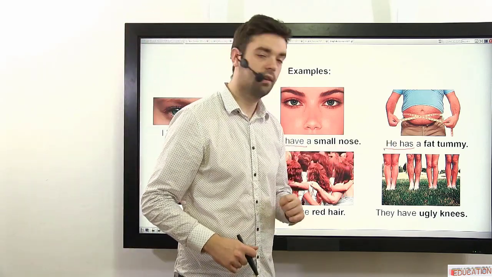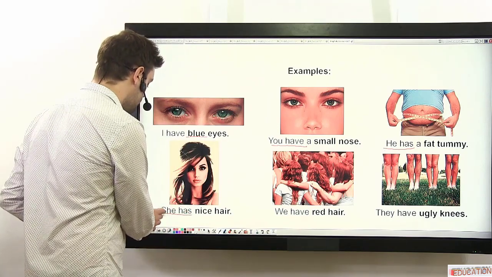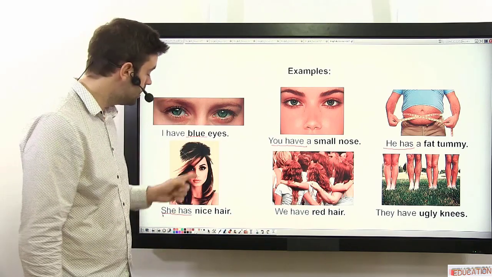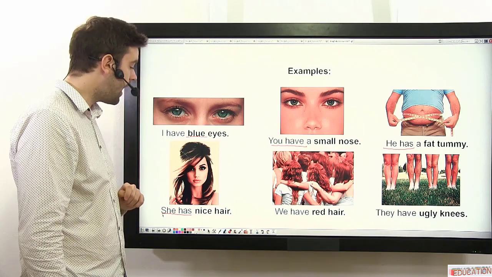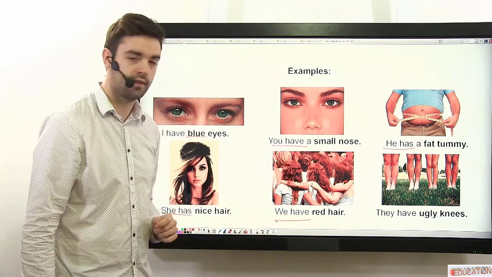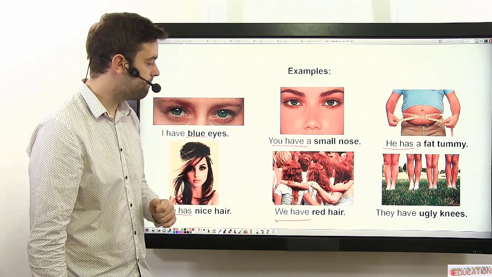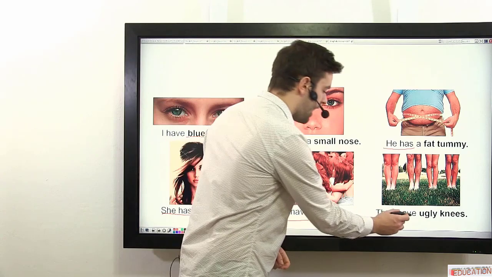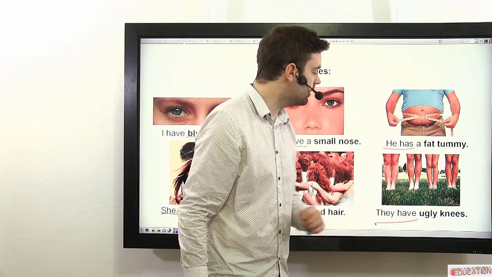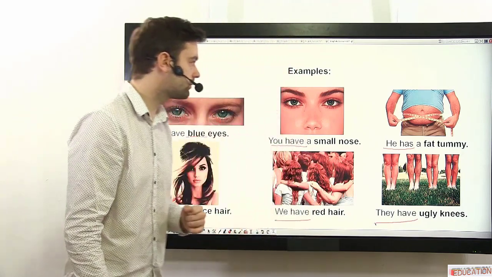She has nice hair. We have red hair. They have ugly knees.